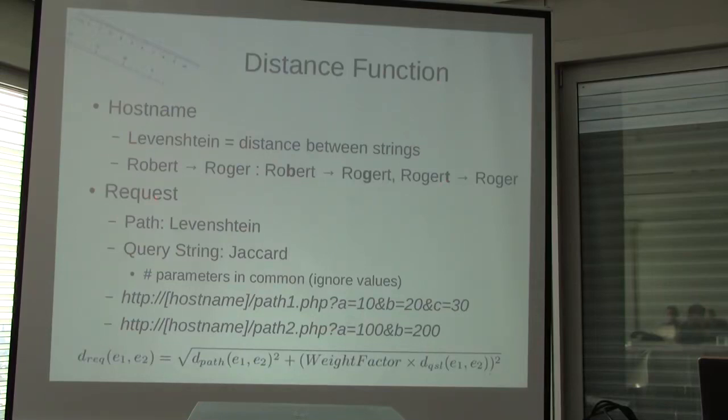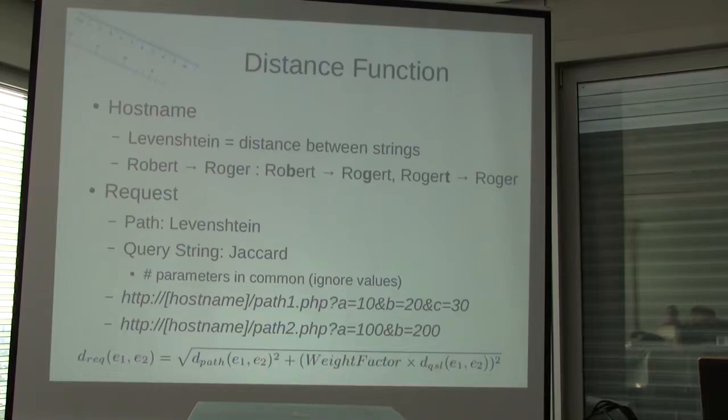Instead, for the requests, we use the Levenshtein distance for the path, and for the query string we use another very common distance function called Jaccard. This one counts how many parameters the 2 requests have in common. For example, here you can see that these 2 URLs have 2 parameters in common.